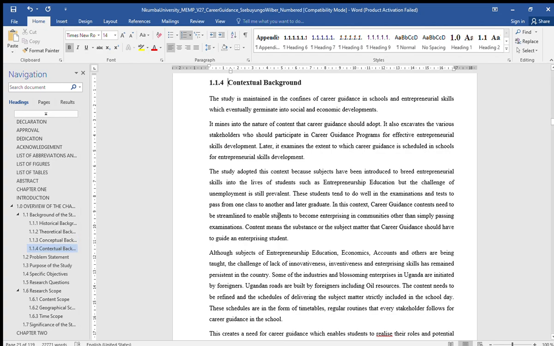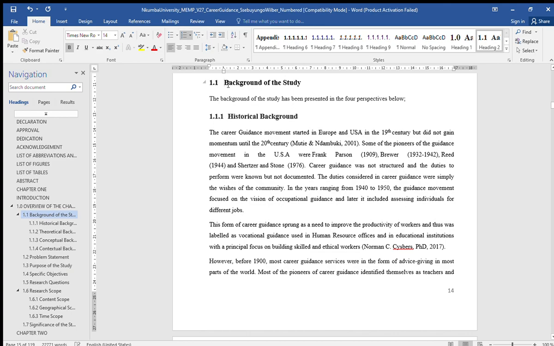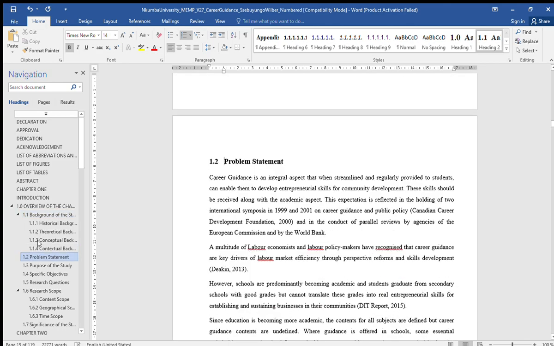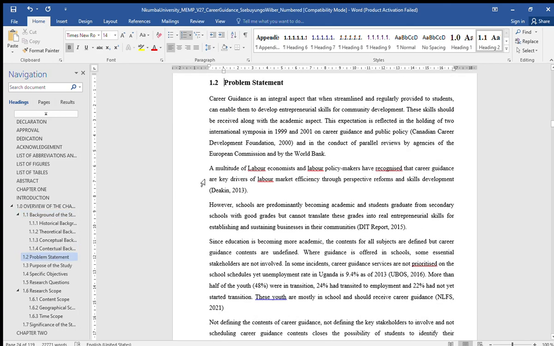We are first looking at the framework, then after we shall see the content, what content goes where and why. Now, having seen that the background of the study is 1.1, now let us see 1.2 called the problem statement.